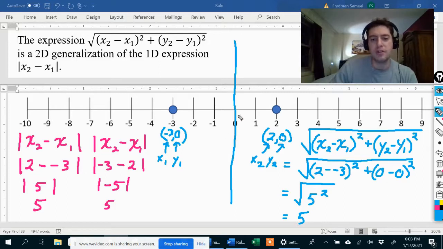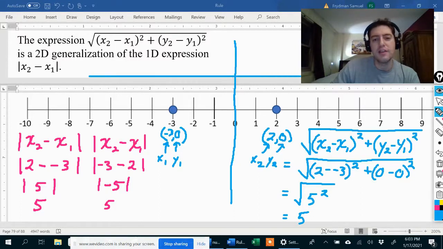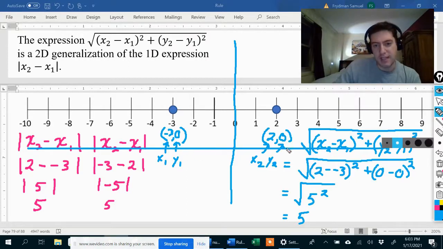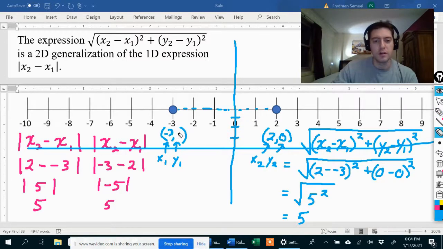We could have imagined that instead of this number line being the x-axis, we could have imagined that, let me just make it simpler. We could have imagined that this is the x-axis, and let's say that both of these points have a y value of 4.